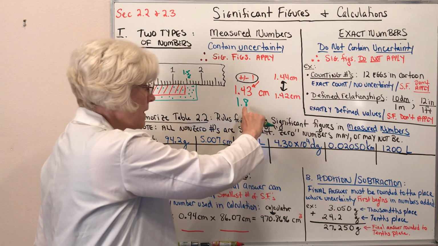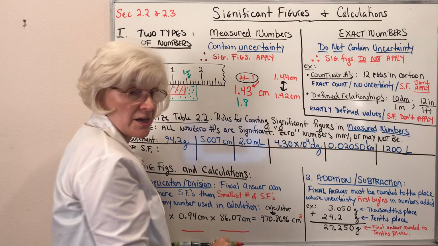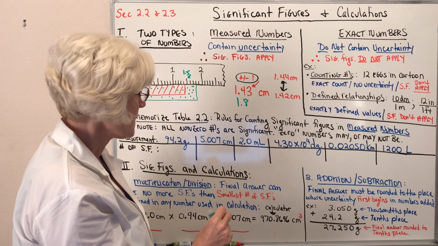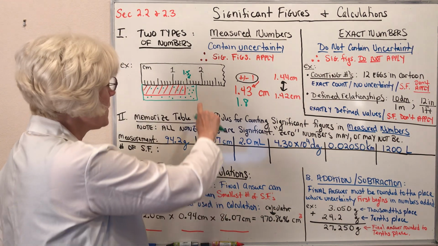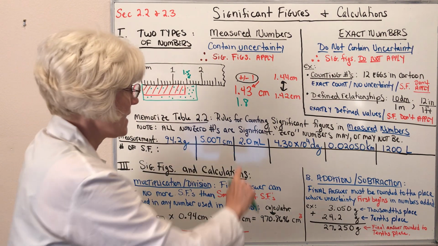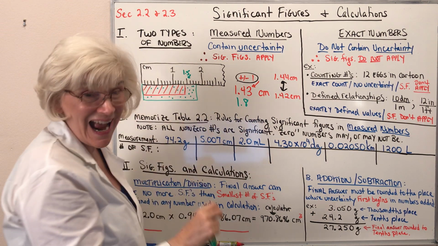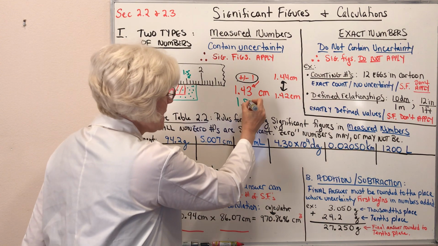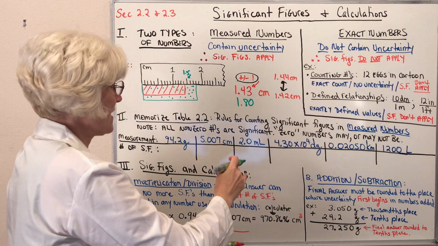But again, you can't leave the value like that. This is a measurement with the incorrect number of significant figures, expressing the incorrect place of uncertainty. We are certain that it is 1.8 centimeters. It is exactly, to our eye, as best as we can see, on the 1.8 line.